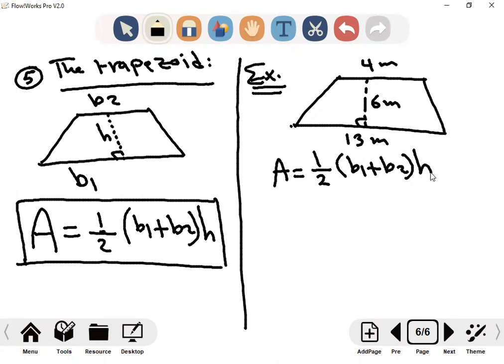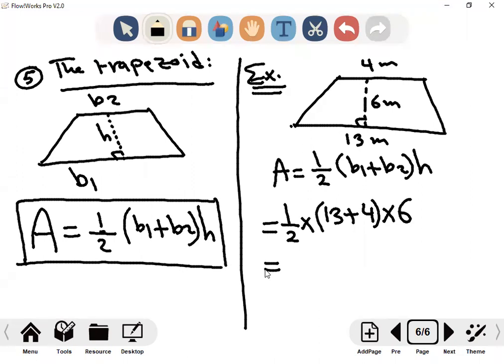Excellent. Now equal. Half multiply base 1, 13, plus 4, multiply the height, which is 6, equal.